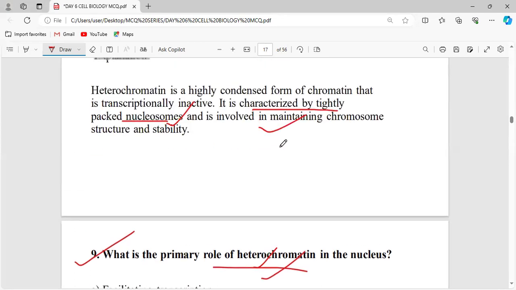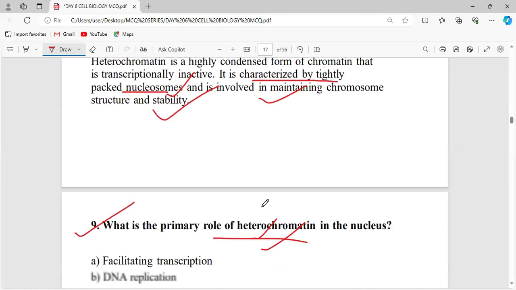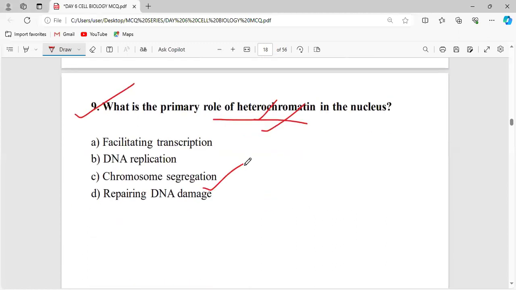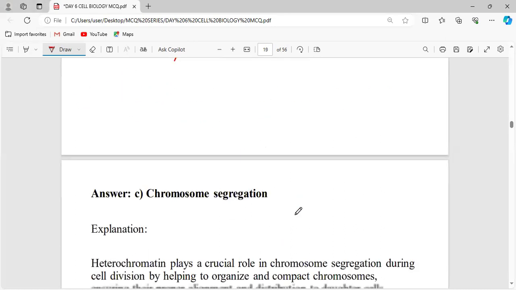Its primary function, as I said before, is to maintain the structure and stability, and it is also involved in chromosome segregation. It has no role in DNA replication, no role in transcription, no role in repairing DNA damage.